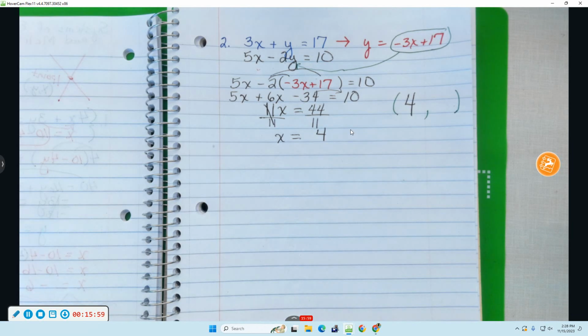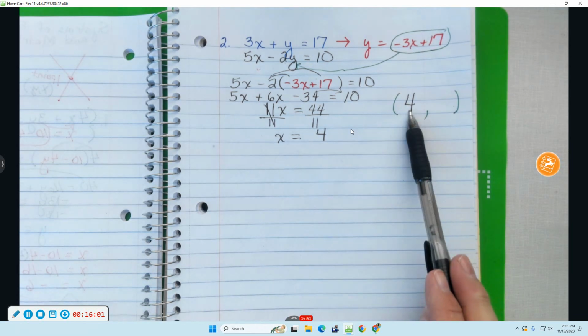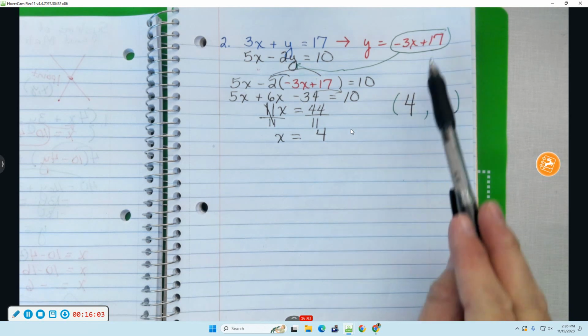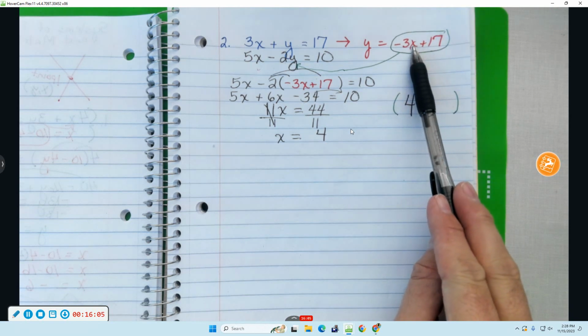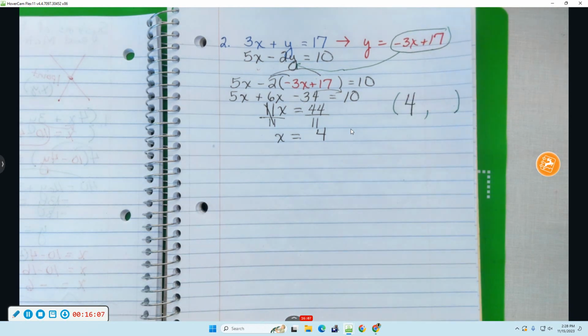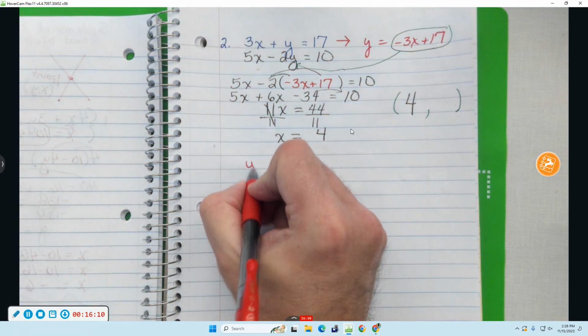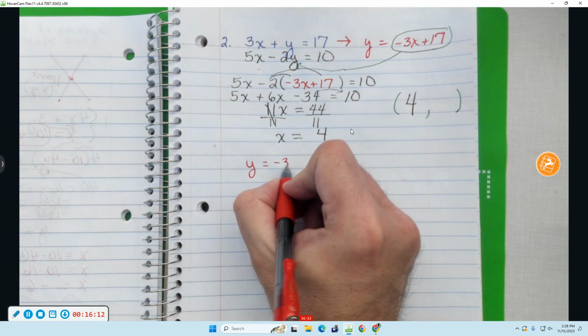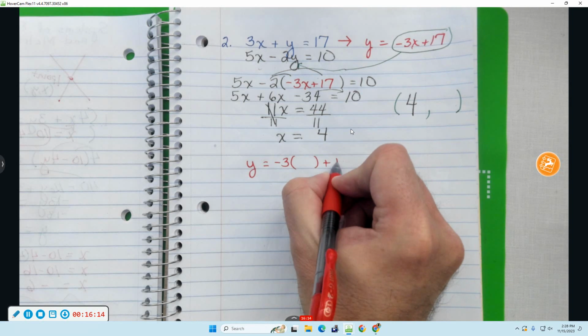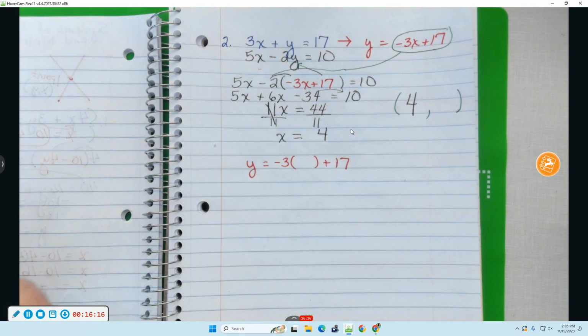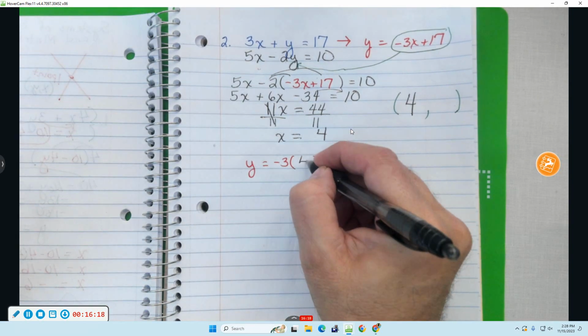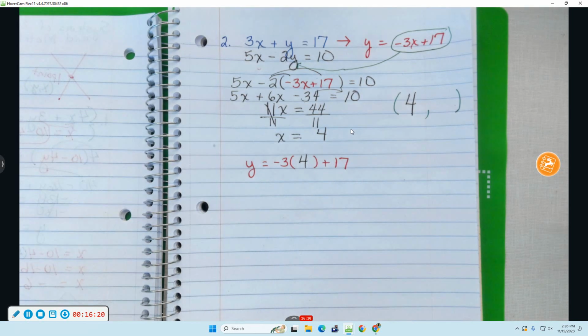So we now know the x value is 4. So I'm going to plug a 4 in for x to get y. Y is negative 3 times x, x is 4, plus 17.